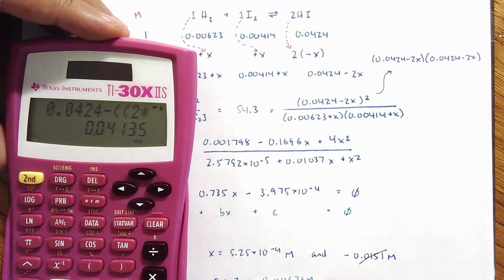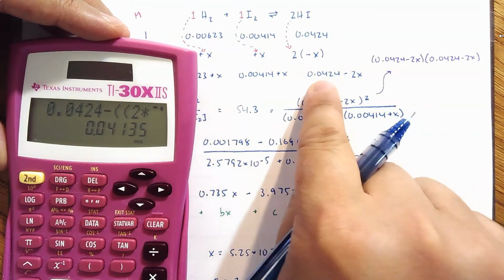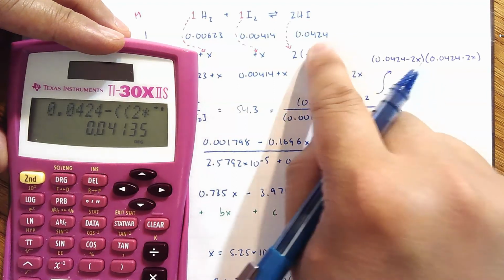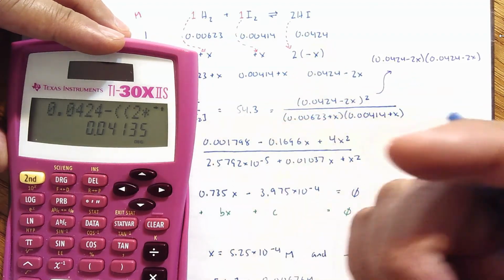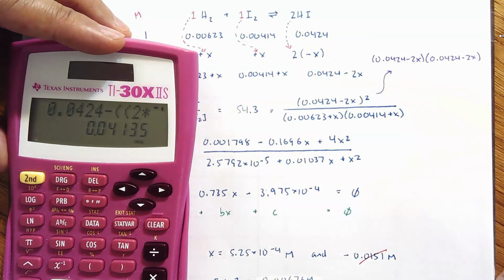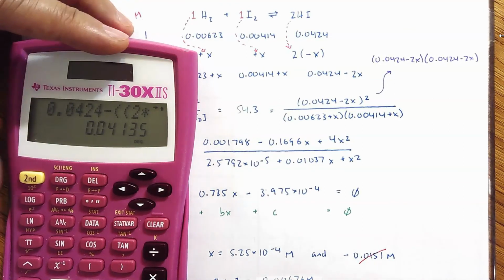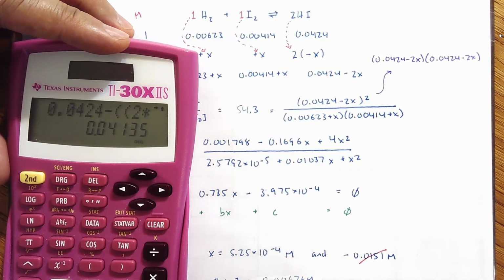Alright, does that make sense? We are lower than what we started, but that's what we predicted. We're consuming some of the product because we have the reaction going to the left. Equals 0.04135 molar.